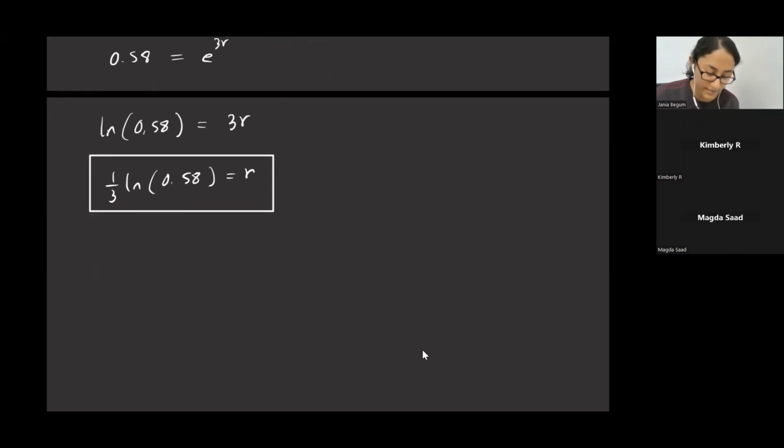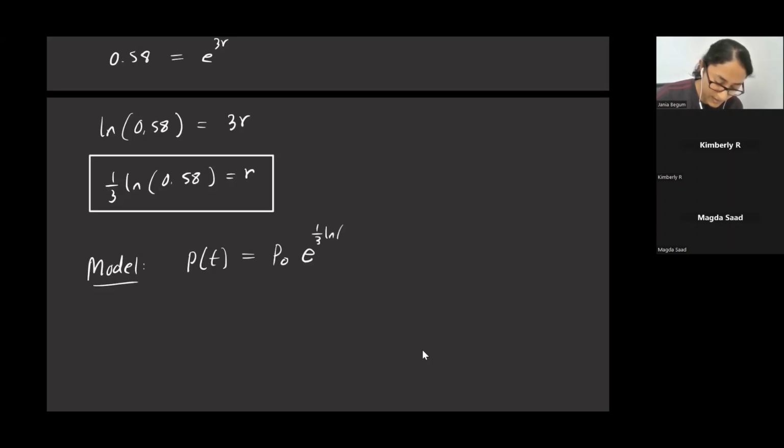Now, once you have your rate, write out the model. So the model for this particular scenario would be P of t is equal to P naught times e to the power of r, that's 1/3 ln of 0.58, times t. Now, if you have e and ln next to each other, you want to cancel them.